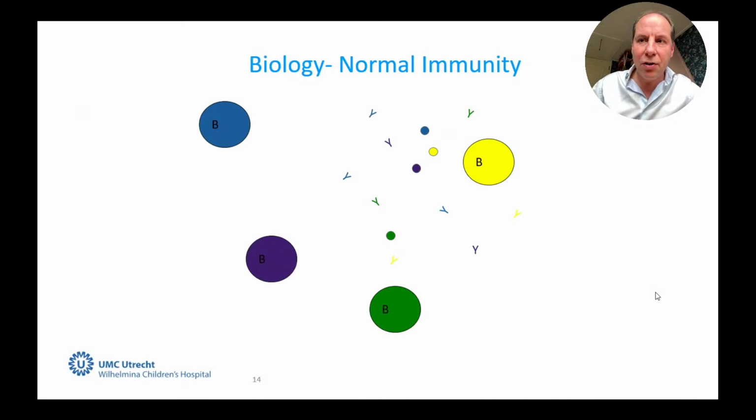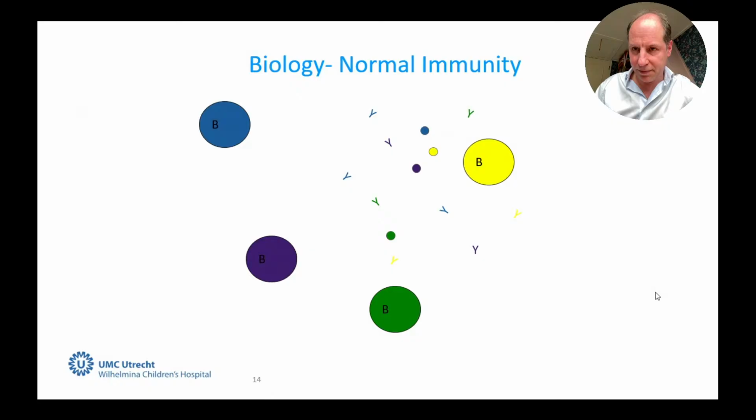If you think that what you see here is not B cells, but think a T where the B's are, so these are all T cells, and say the little dots are not pathogens, but they are virus infected cells. Then each T cell can only recognize cells infected with a specific virus.